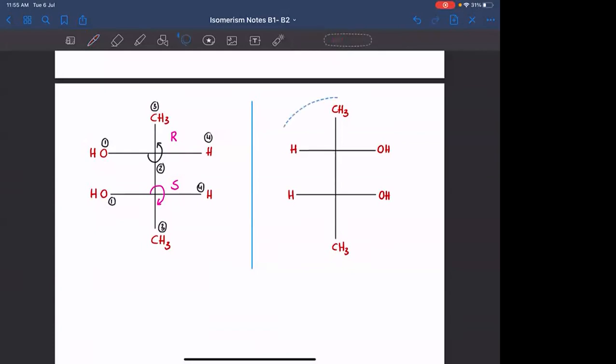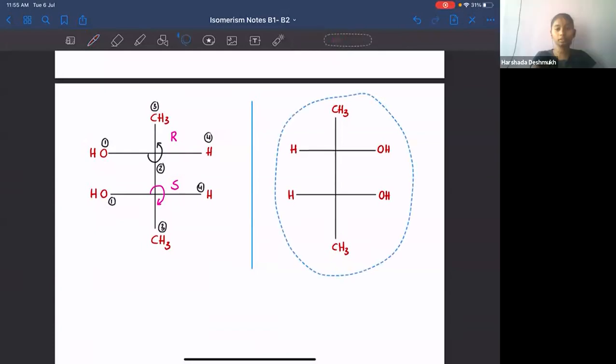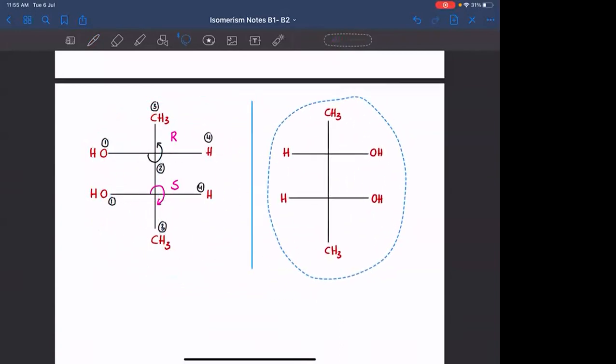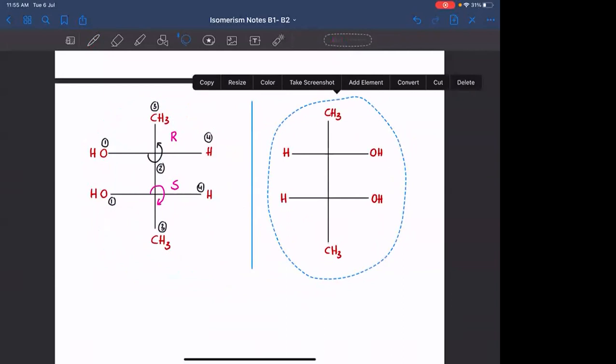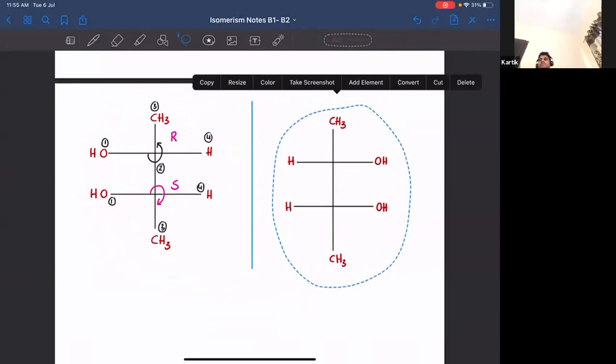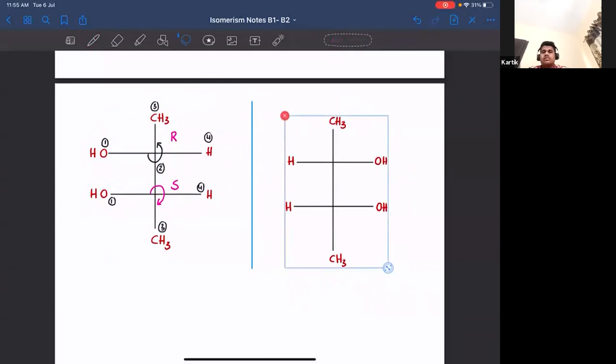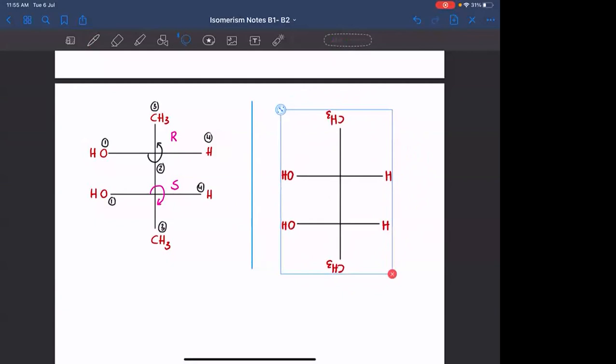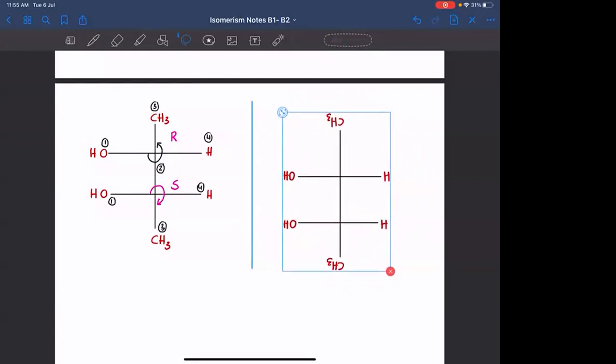How did you say that? These are superimposable. Sir, you rotated it. Okay, you should not flip it, you need to rotate it. If you are rotating it, you are maintaining the same molecule. If I am rotating it about an axis, I am not flipping it.